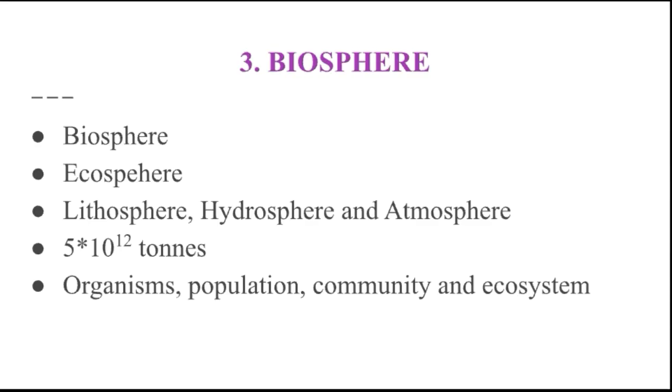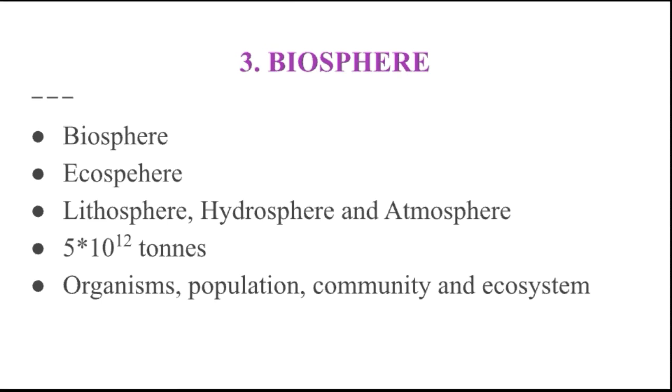Organism includes the plants and animals. A population is a group of similar plants or animals living in a particular area. A community refers to all the plants and animals living in an area.